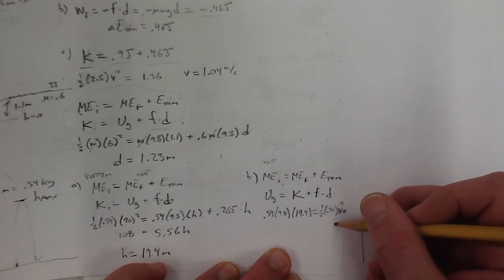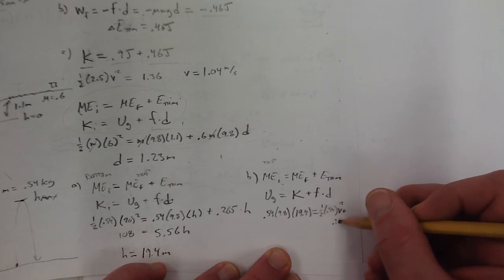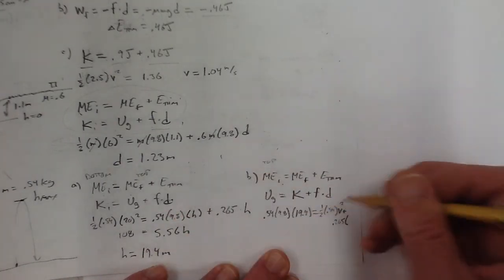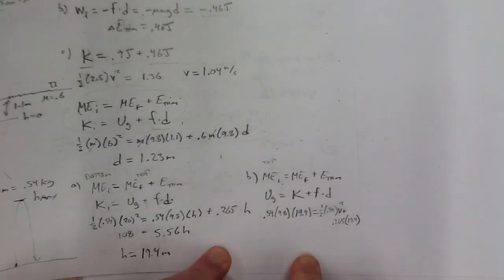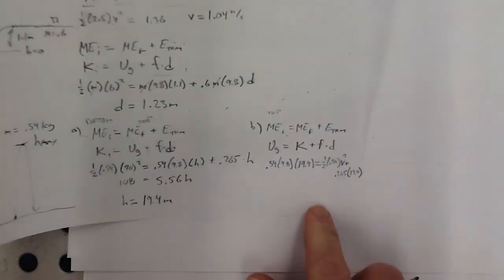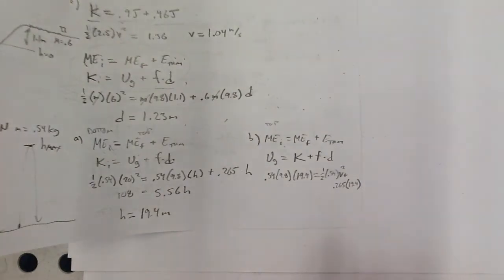We know what the force is. They told us it's 0.265 times the distance we found in part A. All right, so sorry about the congestion there. I'm going to do some math. Well, I'm going to push some buttons on my calculator.